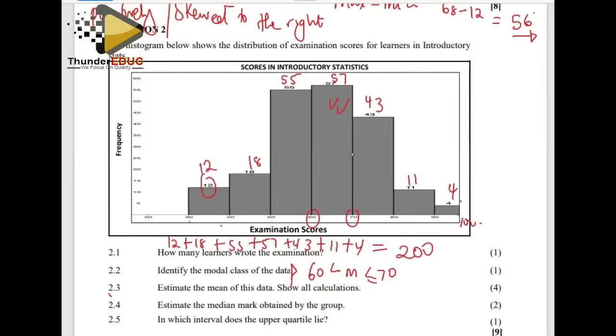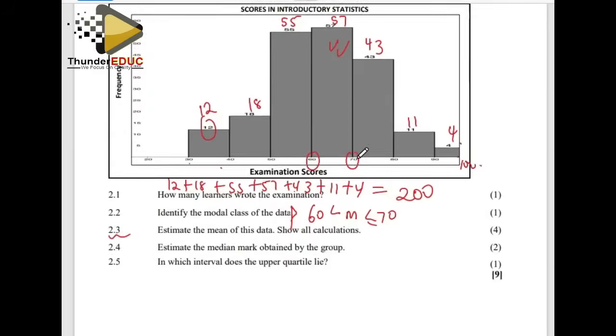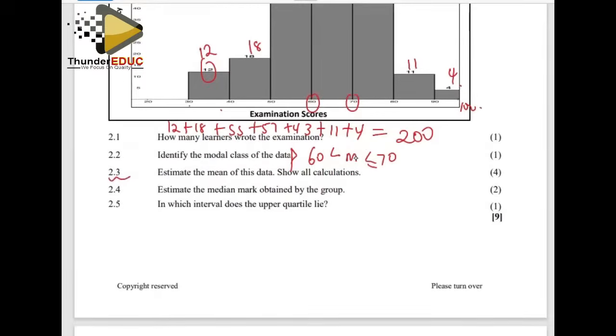And then 2.3, they want us to determine the estimated mean. Now, for us to get the estimated mean, remember, you need to find the midpoint of these classes, okay? So this is more like a grouped data scenario.